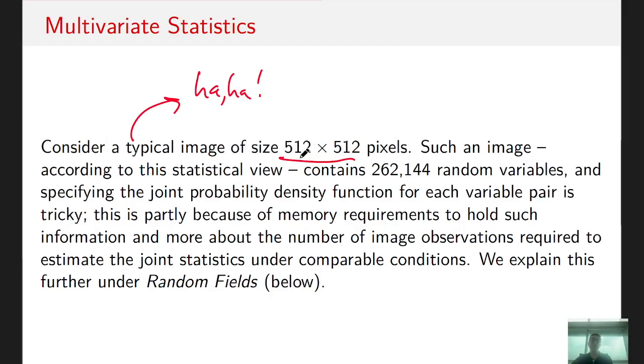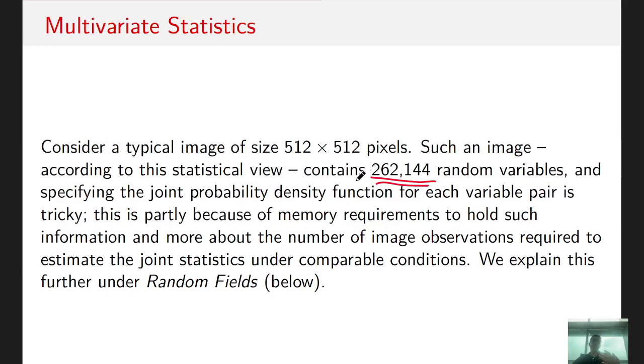Of course, you can quite easily acquire images that are tens of thousands of pixels in size, or millions of pixels in size. 10,000 by 10,000 is not common in a digital camera, but it's not inconceivable. Okay, so such an image, according to this statistical view, will contain 262,144 random variables.